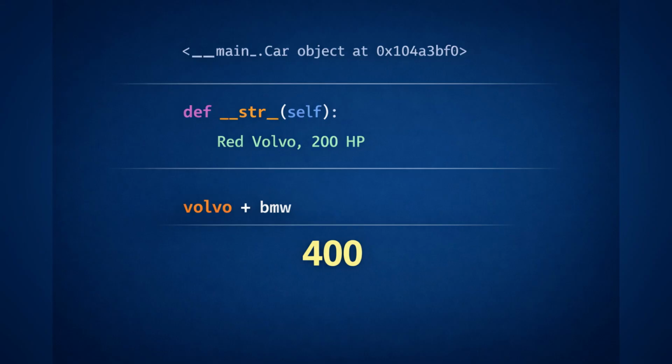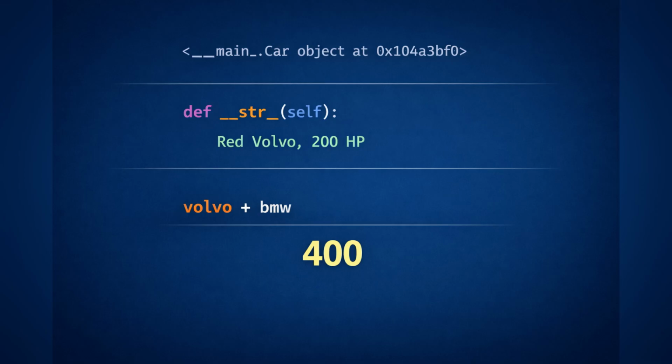Finally, we have dunder methods. Dunder stands for double underscore, and these are special methods that allow you to customize how Python behaves with your objects. Normally, if you print an object, Python shows a generic memory reference, which is not very useful. But with a string dunder method, you can define exactly how the object should be displayed. This makes your objects more readable and meaningful.